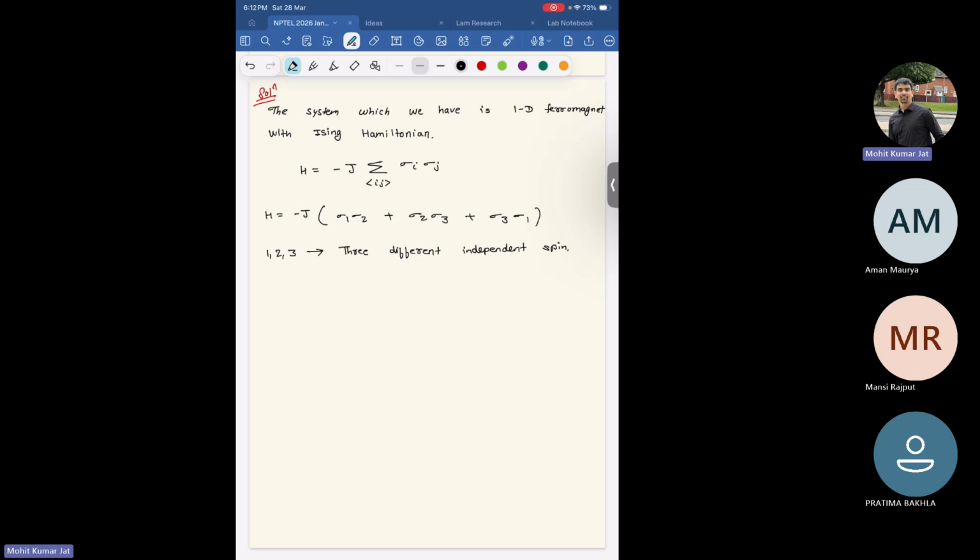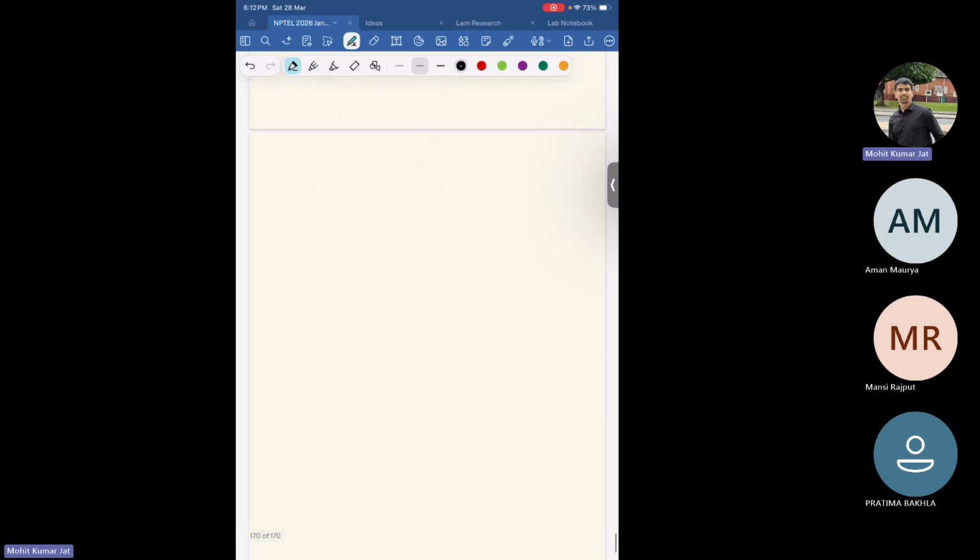And there are three different independent spins. So each spin can have two states, and since there are a total of three of these, 2 to the power 3, the total number of states will be 8 possible configurations.